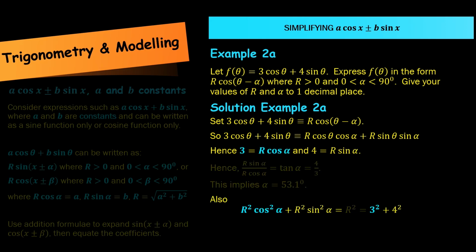We also have that R squared cos squared alpha equals 3 squared, plus R squared sin squared alpha equals 4 squared. Now R squared times cos squared alpha plus sin squared alpha is of course equal to R squared.